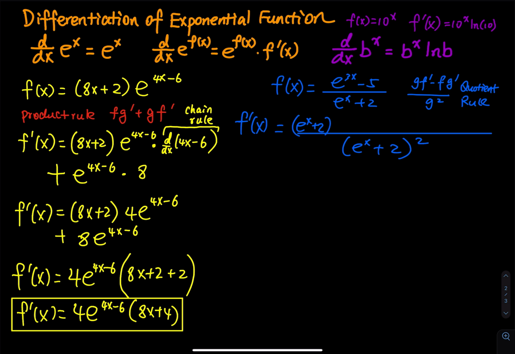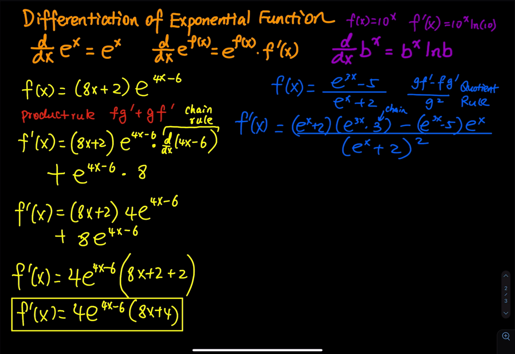The derivative of e to the 3x is e to the 3x, and then we multiply by 3, which is by the chain rule. And then minus fg prime, so e to the 3x minus 5, and the derivative of the bottom is just e to the x.